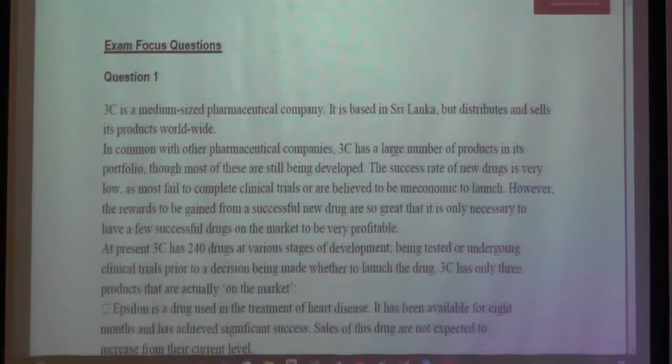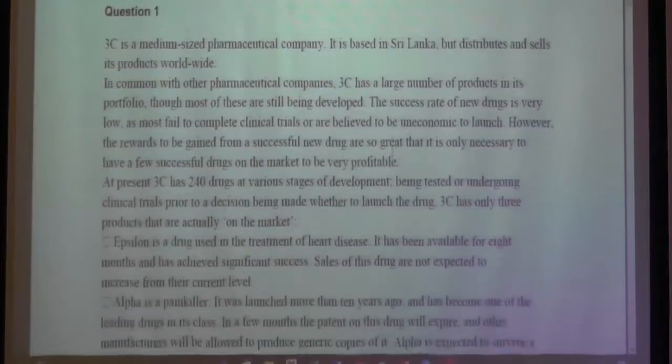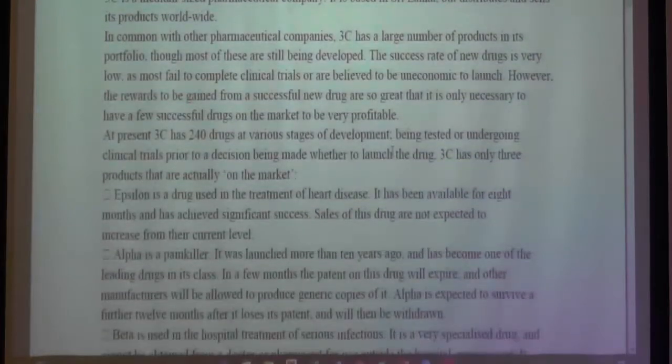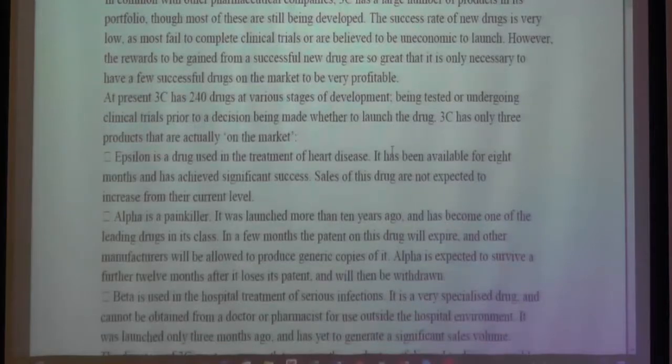and they have 3 main products. Epsilon, which is a product which is into heart disease, as you can see here. Then they have another product called Alpha, which is a painkiller. And then there is another product called Beta, which is into serious infections.